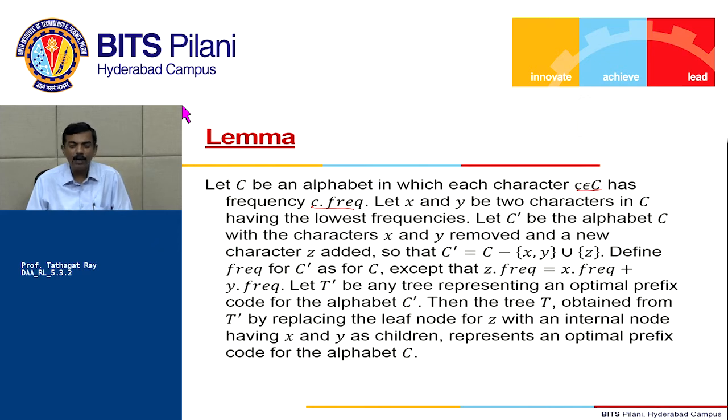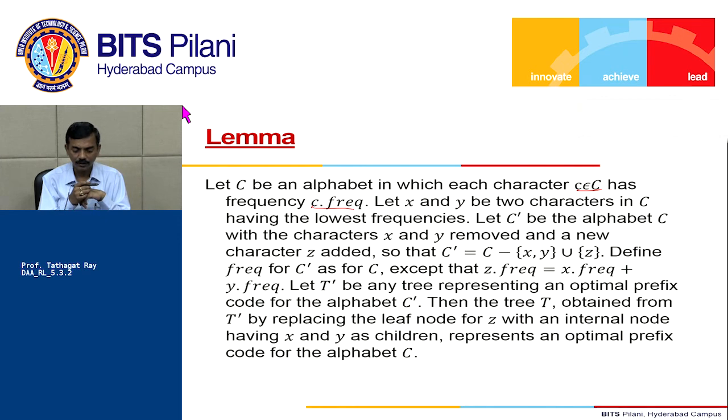And let C' be the alphabet C with x and y removed and a new character z added, such that the frequency of z is nothing but x's frequency plus y's frequency.